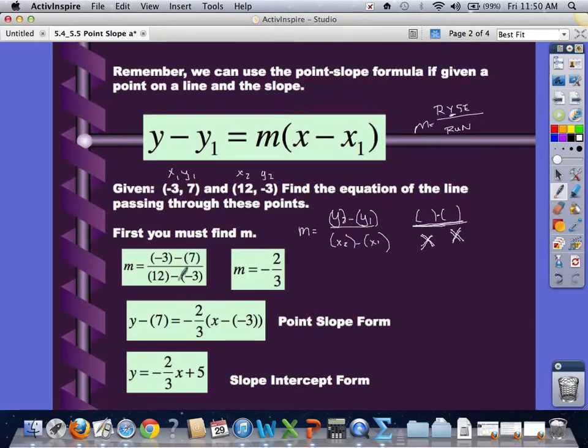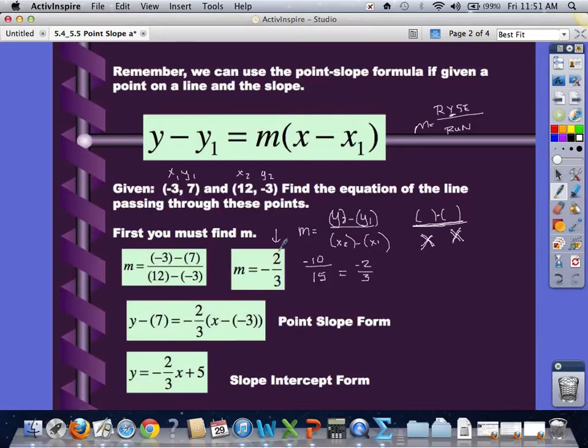You must leave that there. So -3 minus 7 makes a -10 over, and then 12 minus a -3, that's really a plus. So 12 plus 3 is 15. And that will simplify to -2 over 3, which is what we have right here.